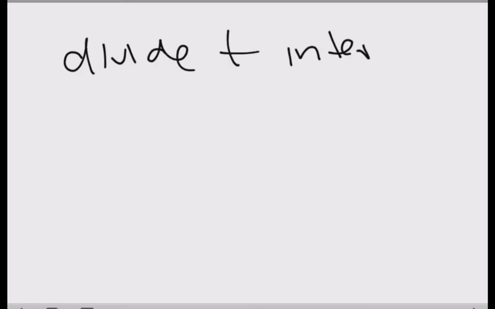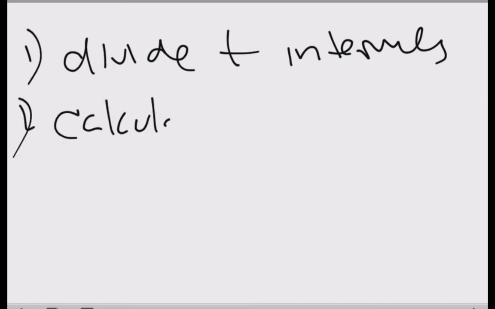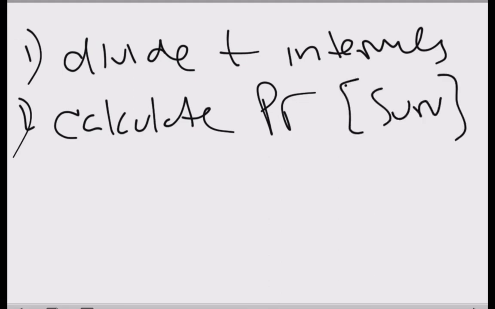What we're going to do is divide time into intervals. Then we're going to calculate the probability of survival at each time interval.